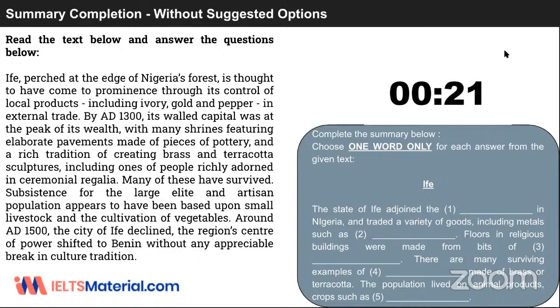Fine. I guess many have given. The correct answer is, the first one is forest. The second one is gold. The third one is pottery. The fourth one is sculptures. And the fifth one is vegetables. Perfectly done. And the answers that you have given are correct.